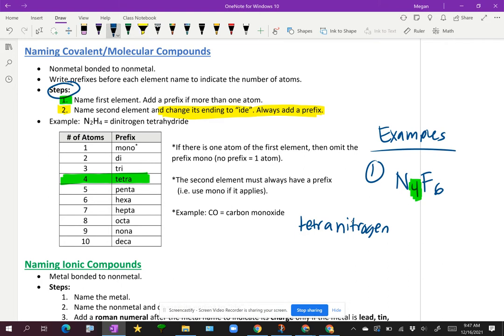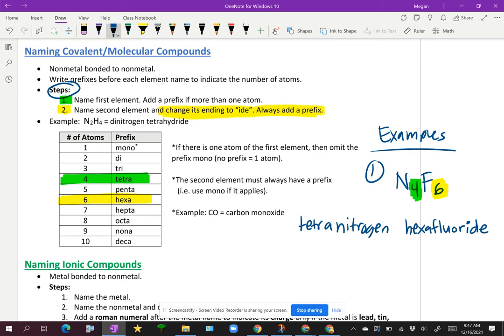But the rule is telling me instead of writing fluorine, we're going to change the ending, get rid of the INE and replace it with IDE. So this becomes fluoride. Then it says add a prefix. So there are 6 fluorines present. I look at my prefix chart. There are 6 fluorines, so it's going to be hexafluoride.